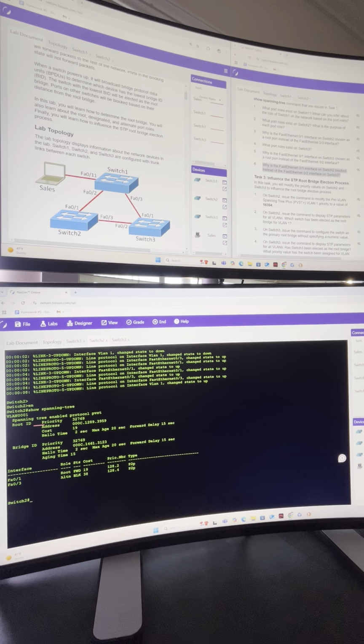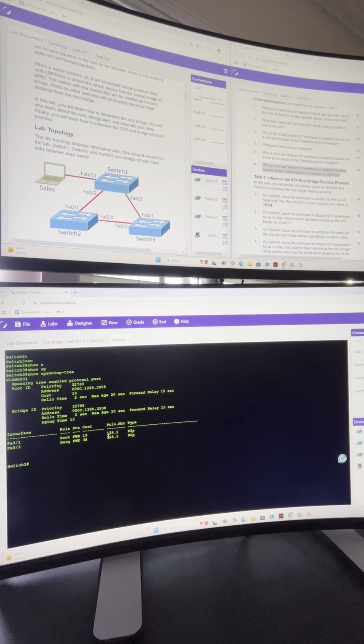On this end, this is Fast Ethernet 0/3, and this is Fast Ethernet 0/2. If we take a look at the priority numbers, this has a port priority number of 128.4, and this has a port priority number of 128.3. So because of that, switch 3 is going to be forwarding and switch 2 is going to be blocking.